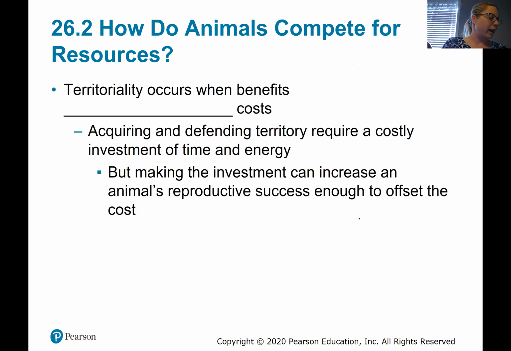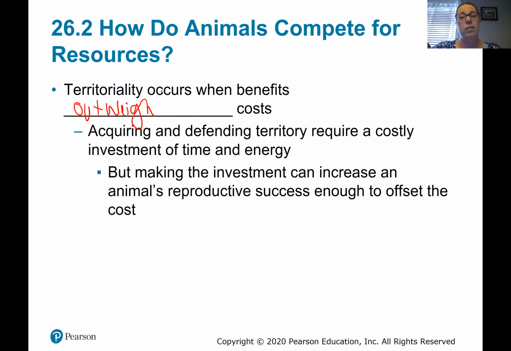Having a territory has benefits, and hopefully it will outweigh the cost of having that territory. Okay, so animals have to kind of balance the costs and benefits.